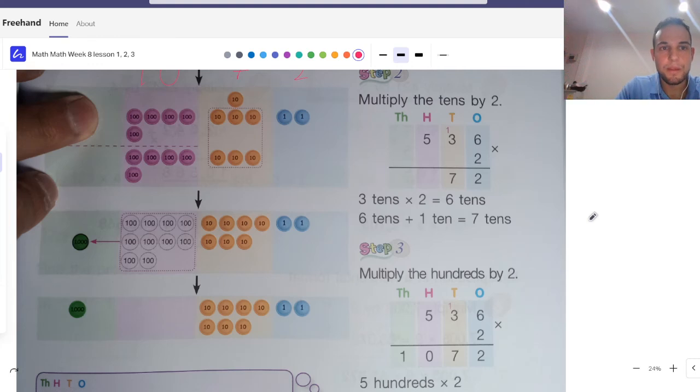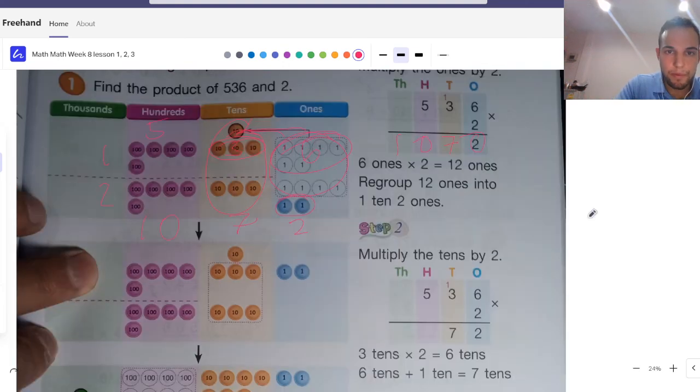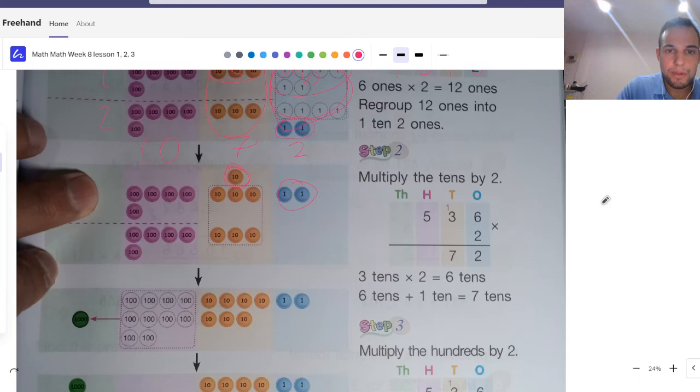Okay, here we go. We moved over the 10 ones from over here. These 10 ones, 6 plus 6 is 12. And we're left over with 2, because we can't have 12 in the ones place. So we add this one, because we carry the 10 over. And now we have 7 tens.